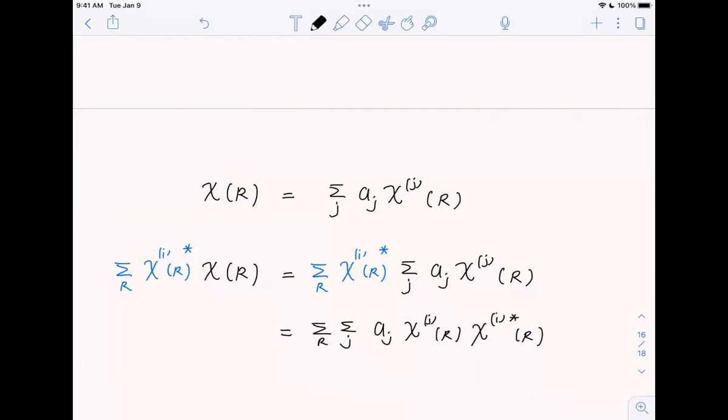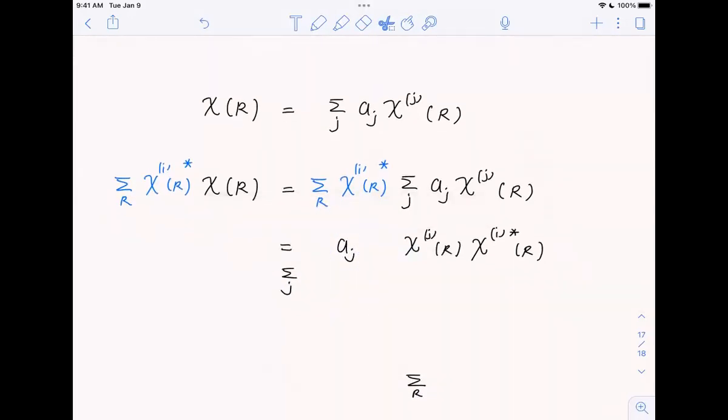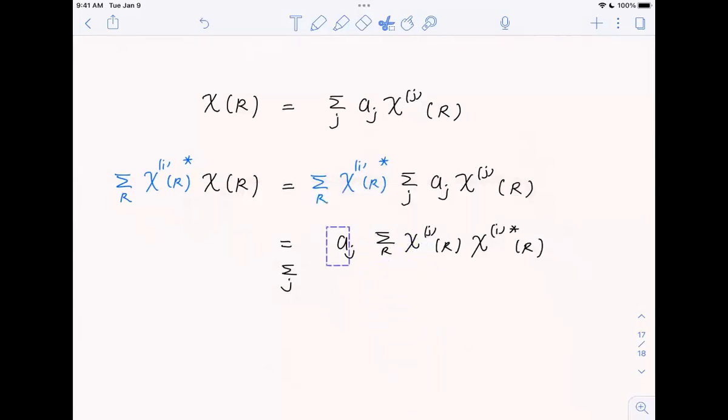Then we're going to use the orthogonality relationship. You will get a delta ij with the h. You can go back and check the orthogonality relationship.